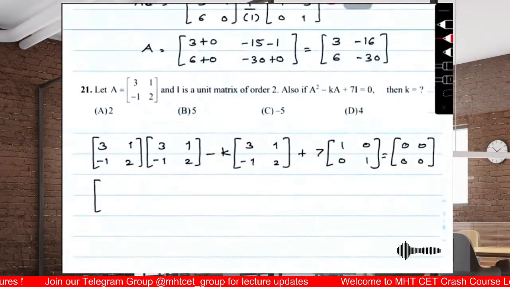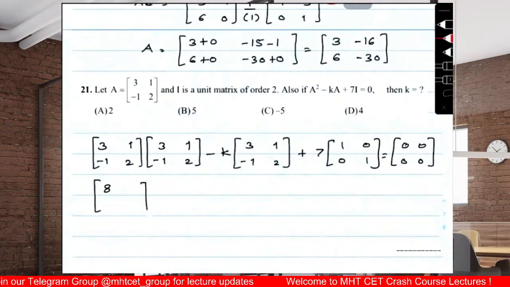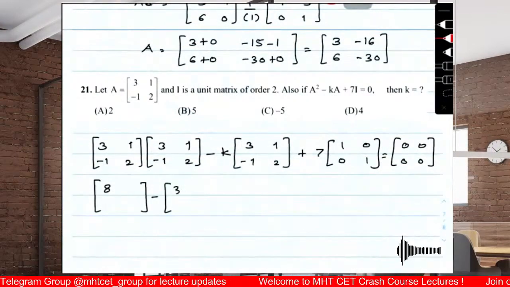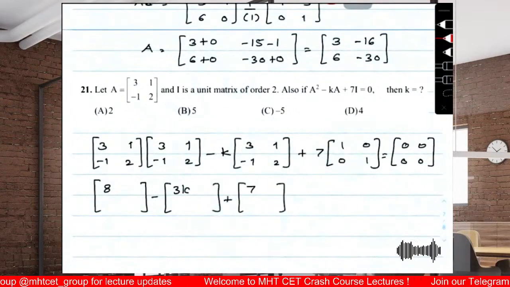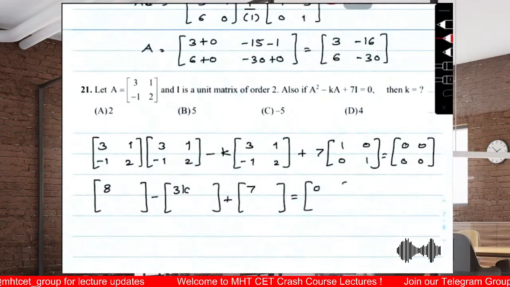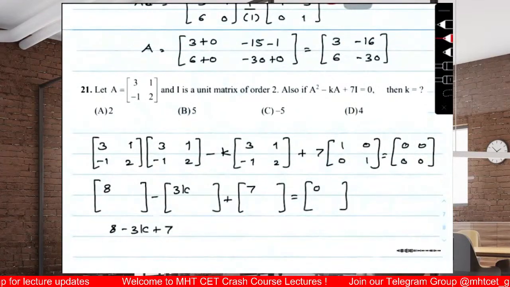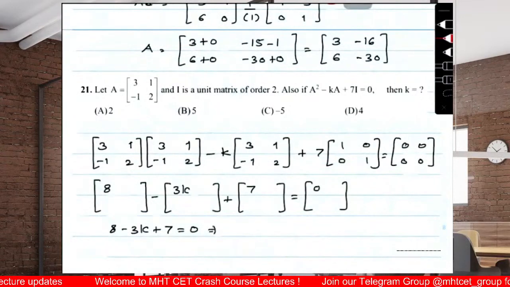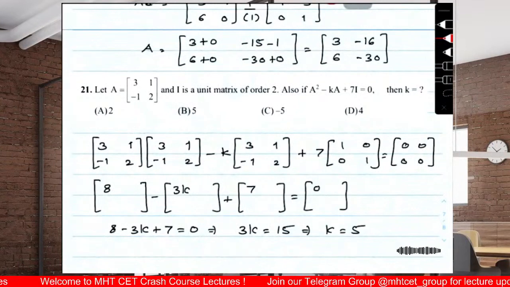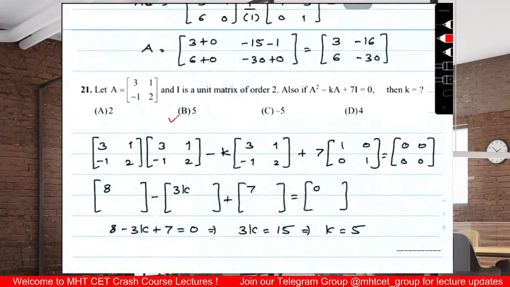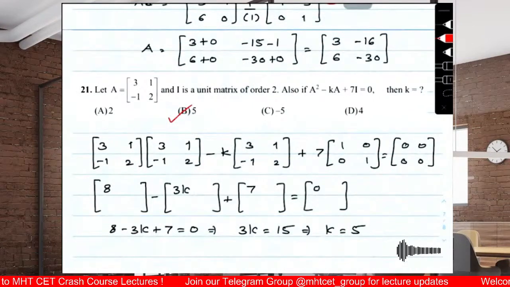First element find करो सिर्फ. 3 into 3 is 9, minus 1 is 8, minus 3 into K is 3K, plus 7 into I is 7, equal to 0, and compare. 8 minus 3K plus 7 equals 0. 3K equals 15. K equals 5. Done.